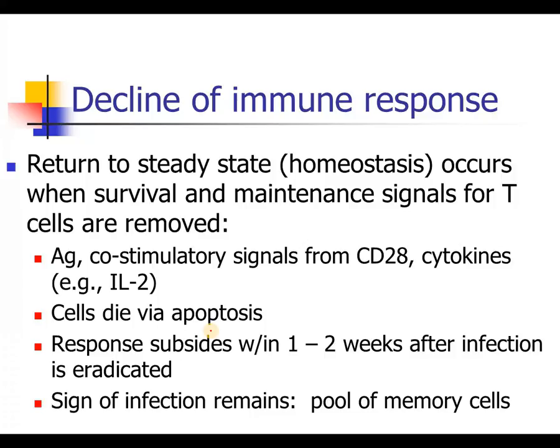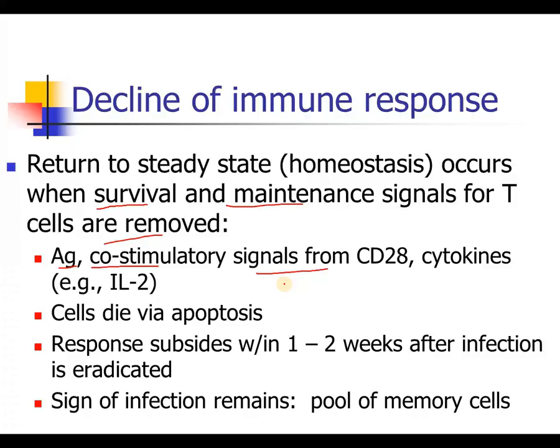And my last thing before I wrap up is the decline of the immune response. Of course, we don't want our effector T cells out there working all the time. We want to return to steady state or homeostasis. And this occurs over time when survival and maintenance signals for the T cells are removed. So as we clean up a microbial infection, antigen will be removed, co-stimulatory signals from, say, CD28 binding to B7, will be removed.